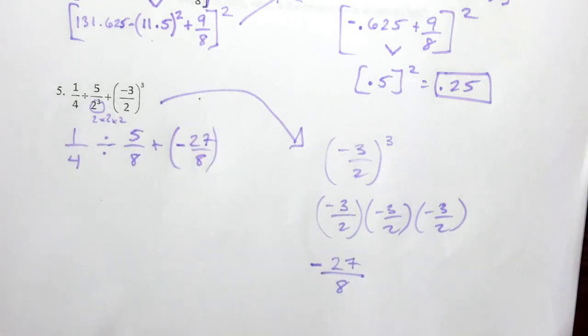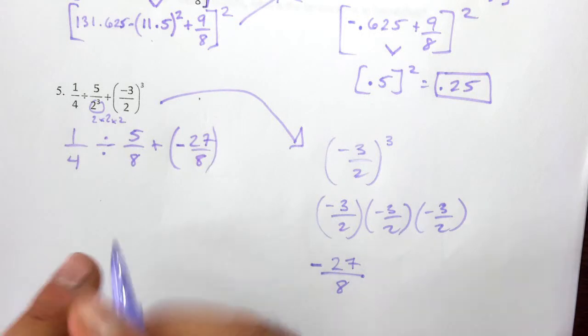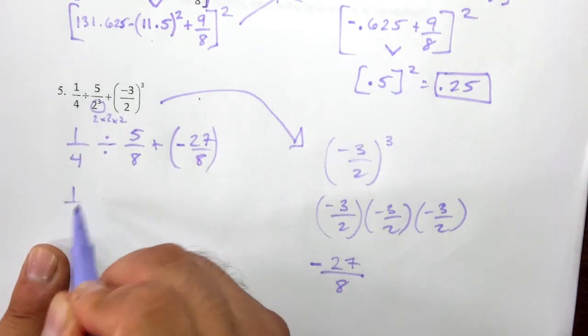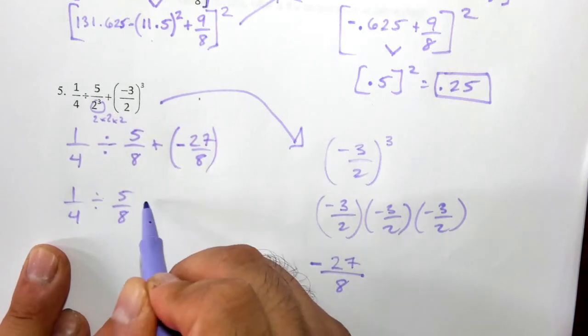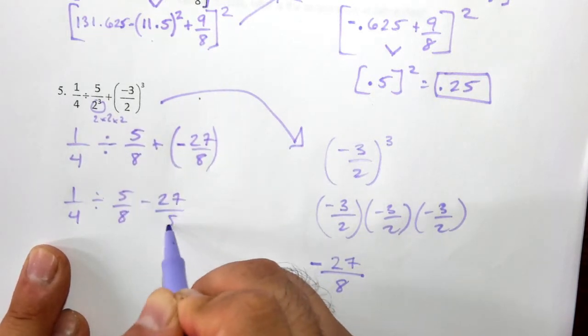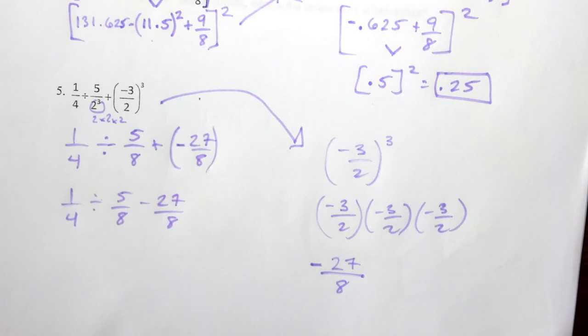Okay, so next will be division. But I'm going to actually clean this up a bit. 1/4 divided by 5 over 8 minus 27 over 8. Alright, so a lot of people don't remember how to divide fractions, so I'm going to do it for you. Let's see if you remember.